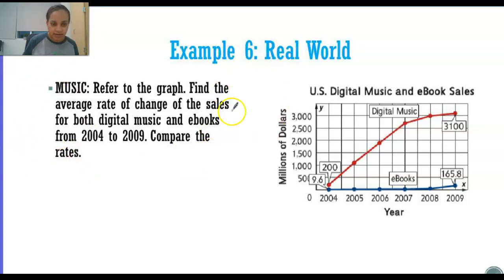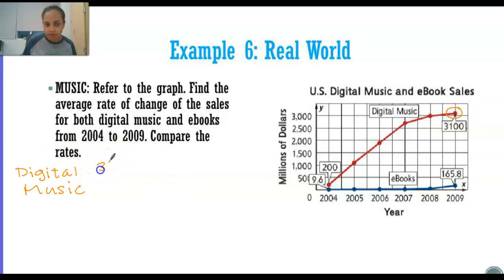So let's look at first the digital music. So first of all, our change in y, so my y is here, so that would be my millions of dollars. And 2009 would be this right here.